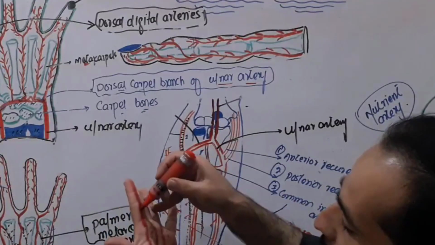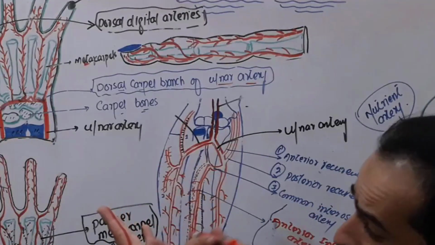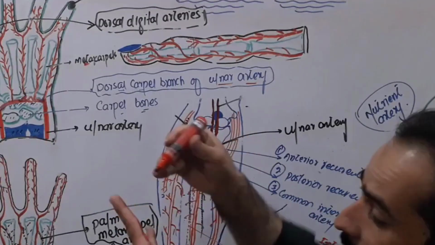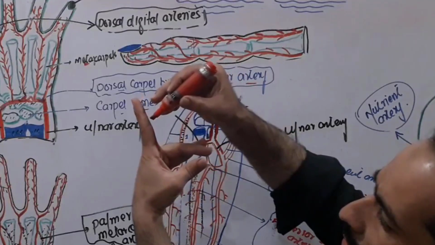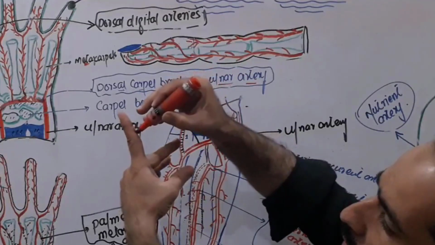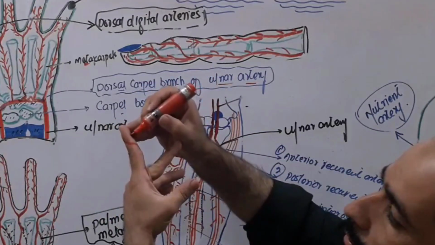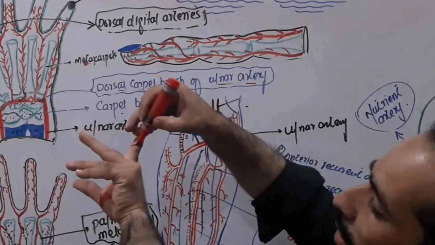This is the proper palmar digital artery, as it is present in the palmar surface and it is going to the finger. From this artery, look carefully, two branches separate here and go to the dorsum of the finger like this, and from this side also.